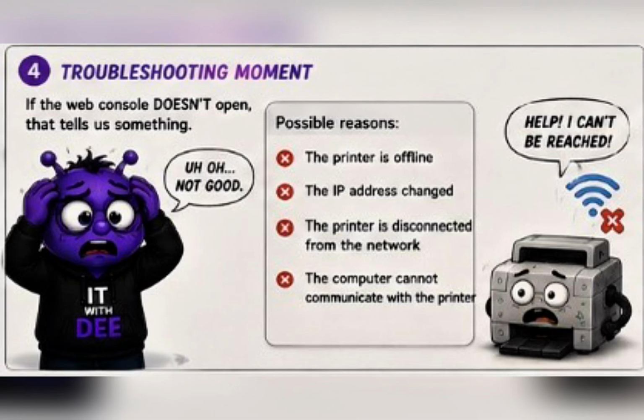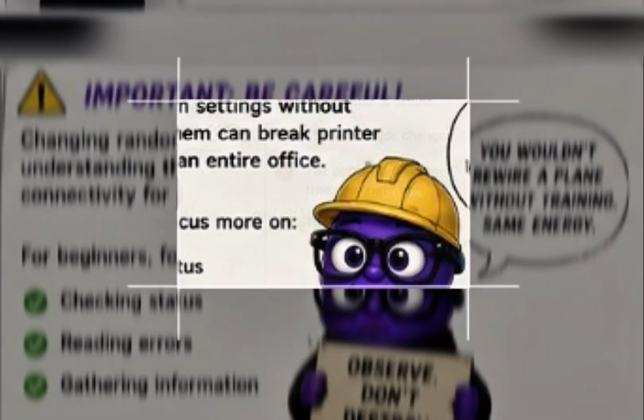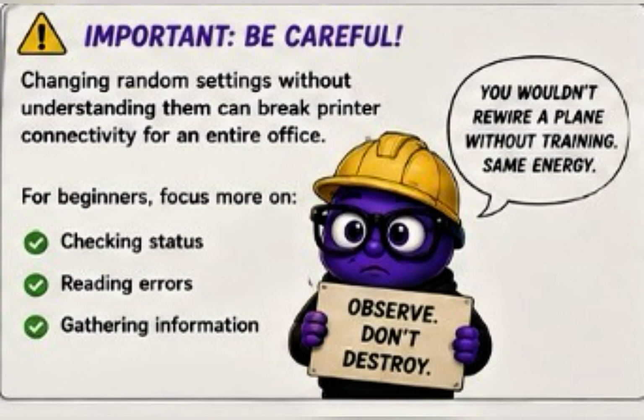Now, here's where troubleshooting logic becomes important again. If the web console doesn't open, that tells us something. Maybe the printer is offline, the IP address changed, the printer is disconnected from the network, or the computer cannot communicate with the printer. And remember, be careful inside printer web consoles.